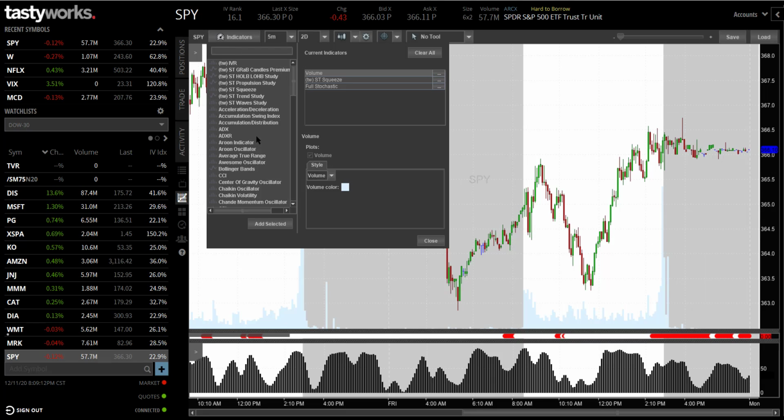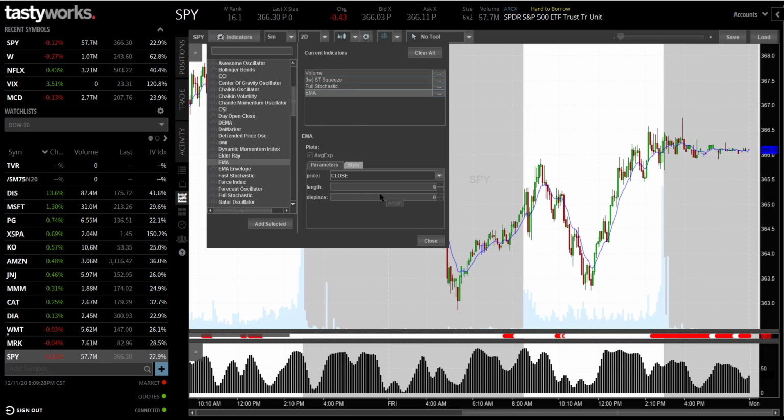It has all of your typical regular indicators. There's nothing custom in here or particularly unique. You can't go in and customize things as much as perhaps you may want to. Let's just kind of pick something. An exponential moving average, of course, right? Just your standard exponential moving average. Of course they've got that.